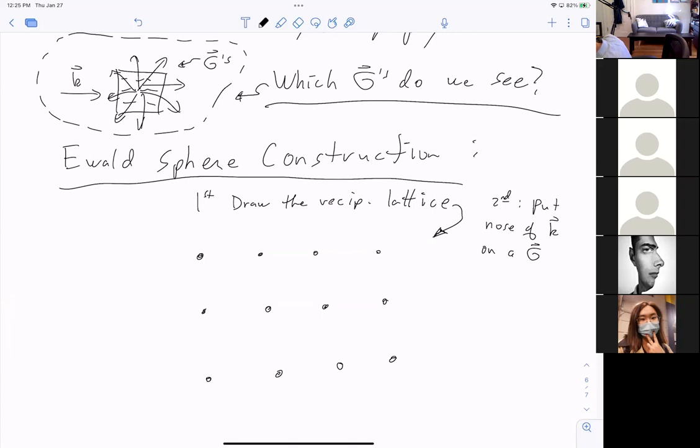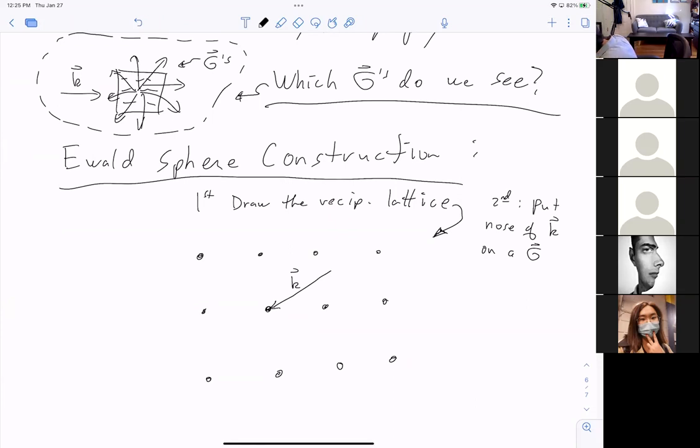So suppose my X-rays are coming in with this K vector. So that's my K. Suppose that's my K vector relative to the reciprocal lattice. That's just the direction of the incoming X-rays relative to the reciprocal lattice that is fixed inside my crystal, relative to my crystal. And I put the tip of my K at one of those lattice points.